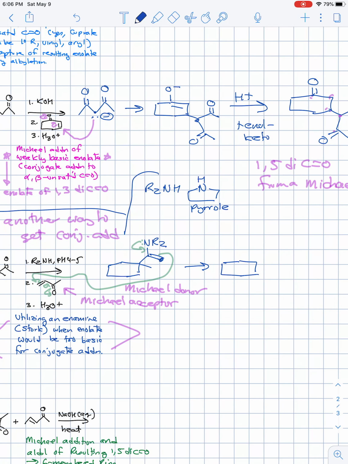So the result of this is going to look like this, and R2. So we get this iminium ion. There's our enolate. And then we're going to add this to our Michael acceptor, which has 4 carbons. Let's see. 1, 2, 3, 4. 1, 2, 3, 4. That's why I said count your carbons.